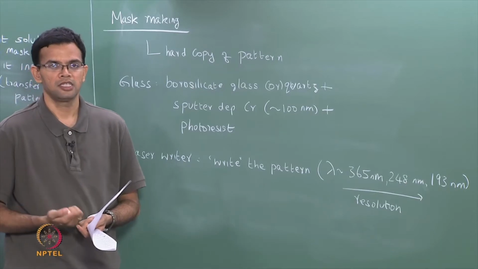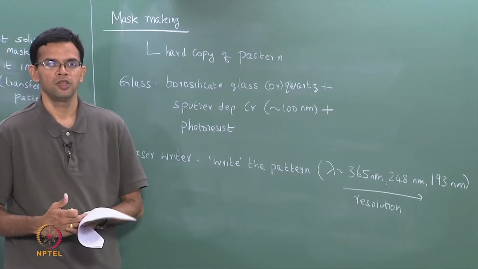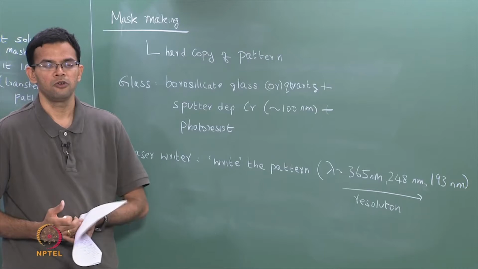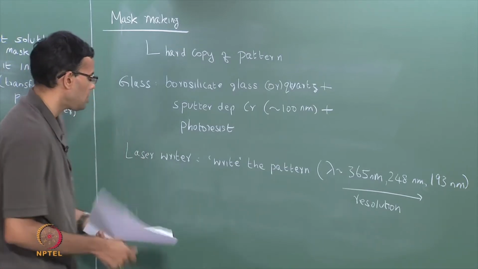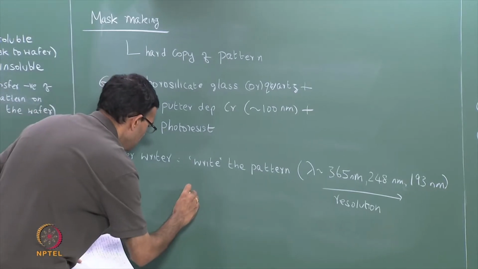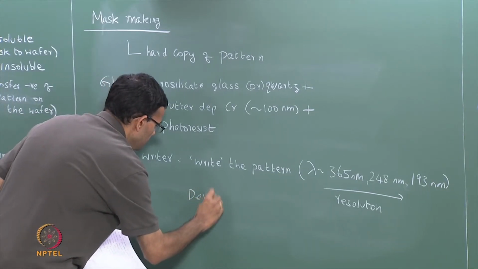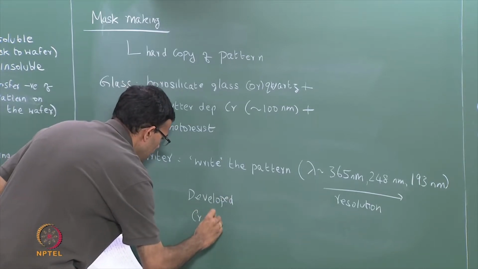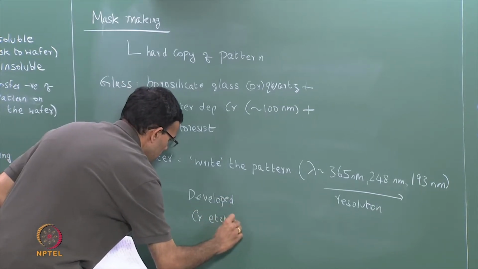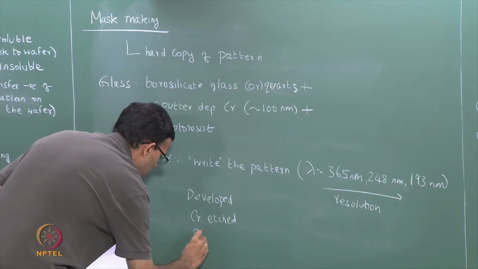This is then etched in order to remove the chromium, and after some final photoresist removal, you have the hard copy of the pattern. So after writing the pattern, it is developed and then chromium is etched and the remaining photoresist is removed.